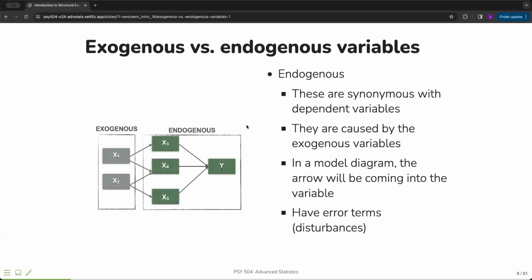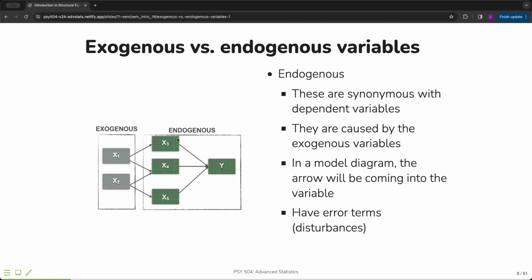We can contrast exogenous variables with endogenous variables. Endogenous variables are synonymous with, or can be thought of as, dependent variables in your regression model. In a path model, we see arrows pointing into those boxes, so they're thought to be caused by the exogenous variables.